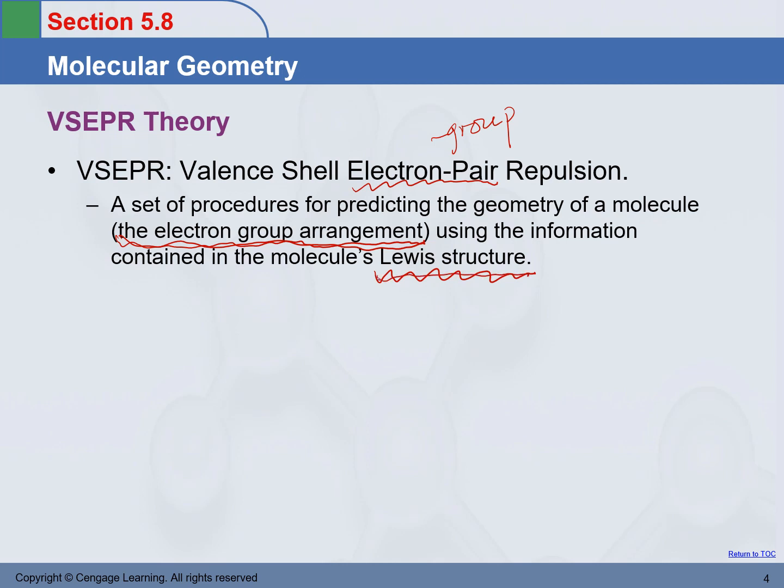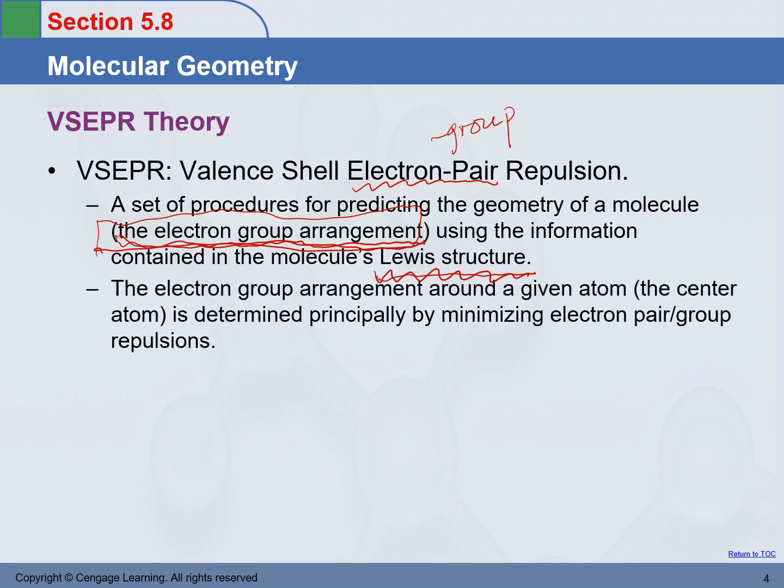And one more time, why do we even need to know that? Because that arrangement decides the final geometry of the molecule. Remember that. The position of the hands from the center little creature decides the final shape of the team of those little creatures. So let's see.